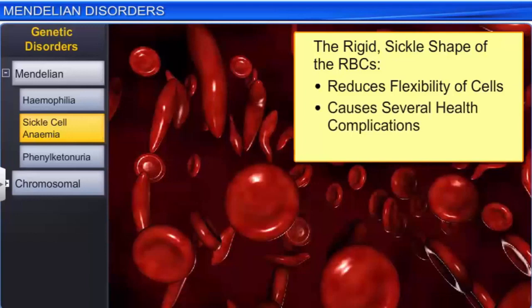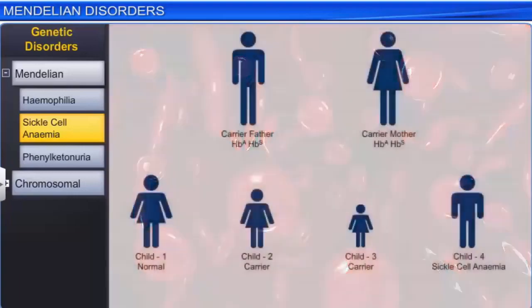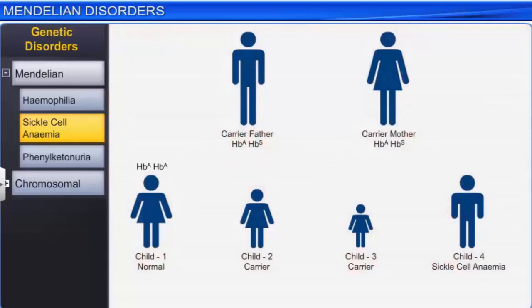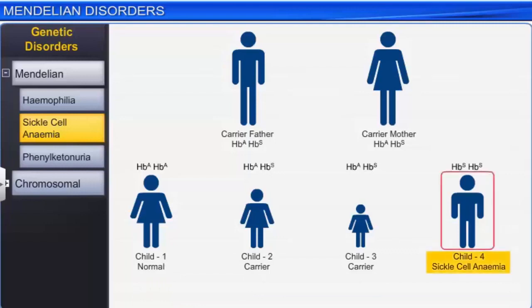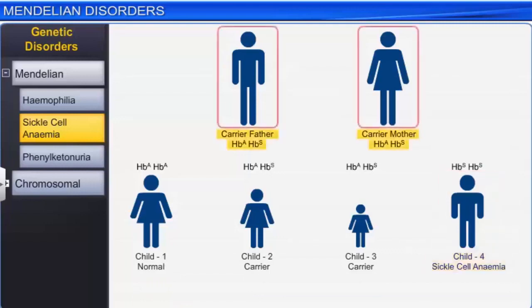This disorder also reduces the life expectancy of the affected individual. Sickle cell anemia is an autosome-linked recessive trait, or a trait inherited through non-sex chromosomes, and it is passed on to the progeny when both parents are carriers of the gene, which means they are heterozygous for the trait.